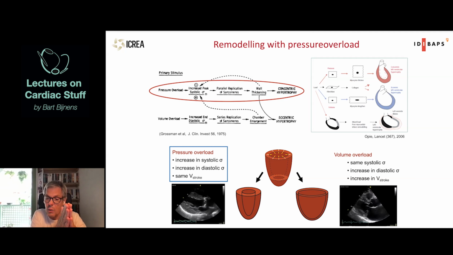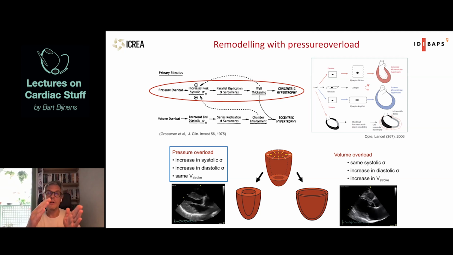If myocytes work for a certain amount of time under conditions of higher wall stress, they release growth factors in order to try to remodel. The remodeling is that you get more contractile material in parallel within your myocytes, which means that your myocytes will thicken. So you get hypertrophy of your myocytes, and of course hypertrophy of the whole wall. Your whole wall will thicken.